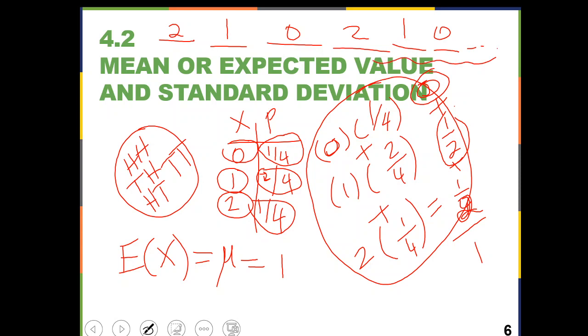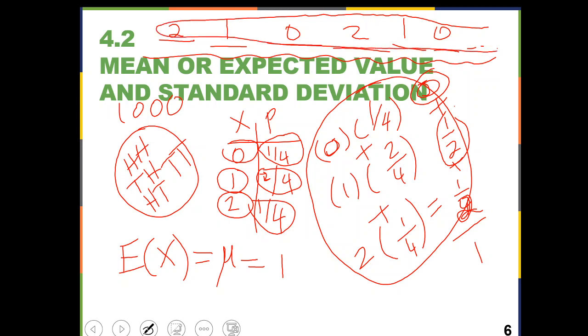If you do it 1,000 times, add up all of these numbers of heads, and divide that number by 1,000, you will get approximately 1. That's what this means. So that is the expected value of this random variable.